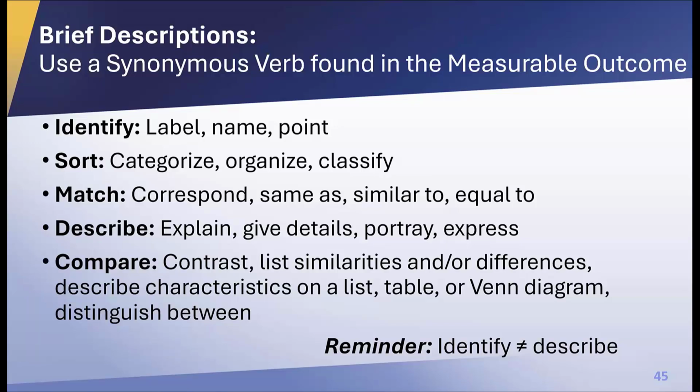Those are pretty commonly used in the entry points. So I ask you to be aware, because if you choose an entry point that has the word describe at the beginning, then the scorers will expect that that skill will include how they described. However, if you choose describe, but your student is only identifying, those are not the same. So you want to be careful when choosing your verbs.